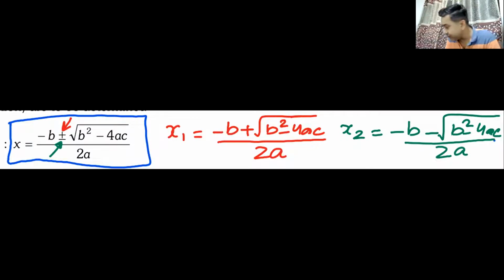The first value is taking the positive sign. The second value you will get is by taking the negative sign. Please raise your hands so that I understand that you follow this. Plus will give me the first value and minus will give me the second value. Well done. And please note this down. I'll give you time.